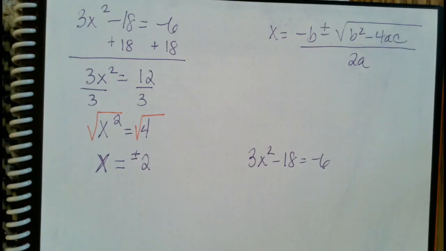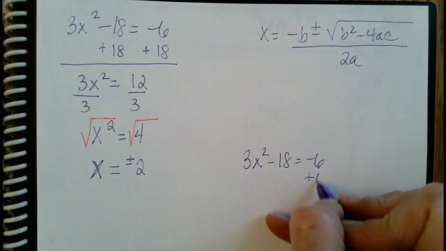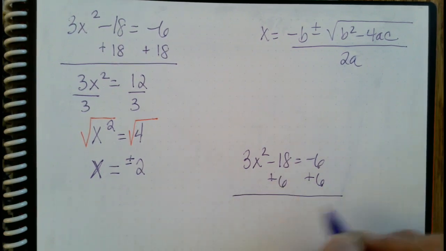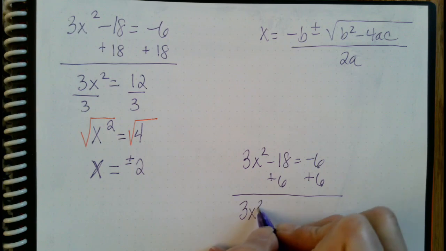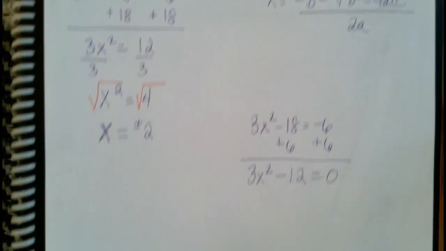Again, what has to happen for a quadratic formula is that the equation needs to be set equal to 0. So we would add 6 to both sides. So we would have 3x squared minus 12 equals 0.